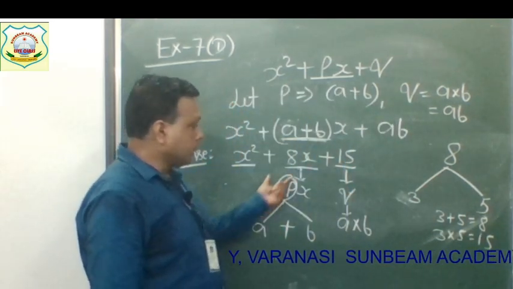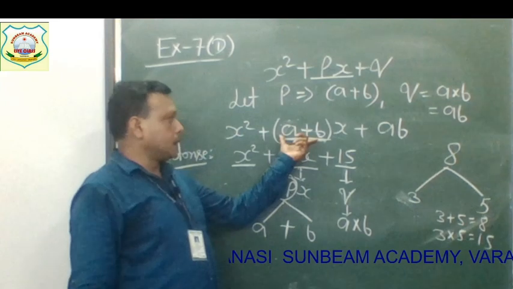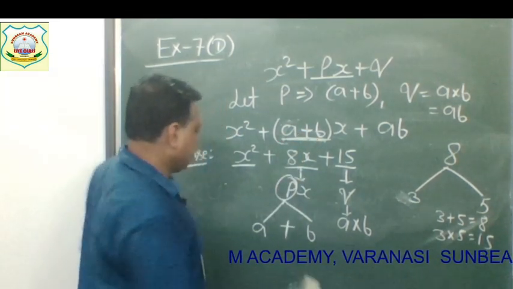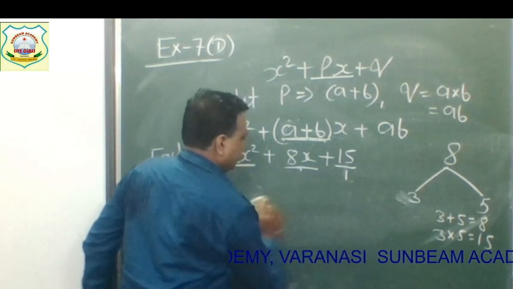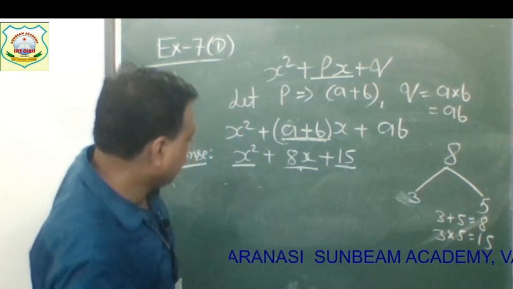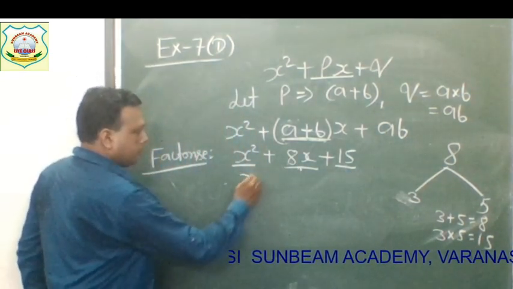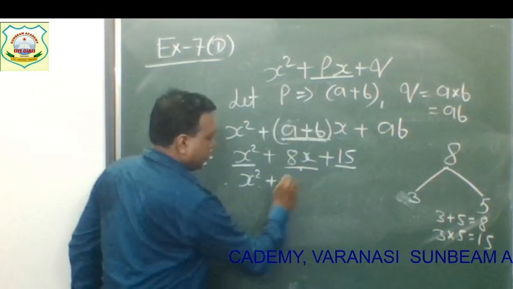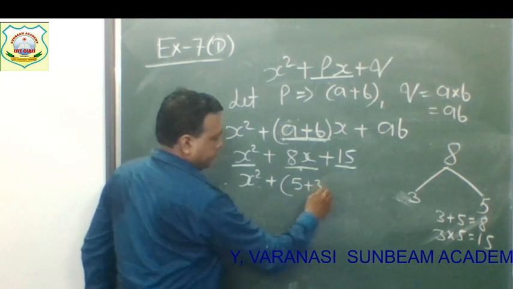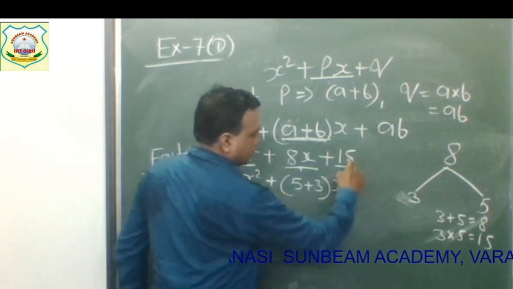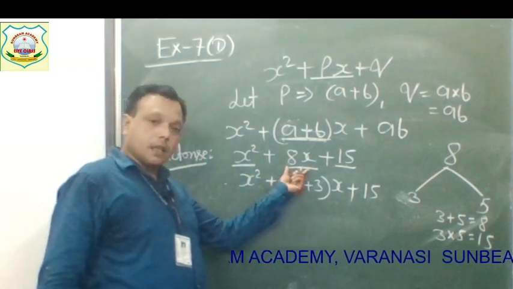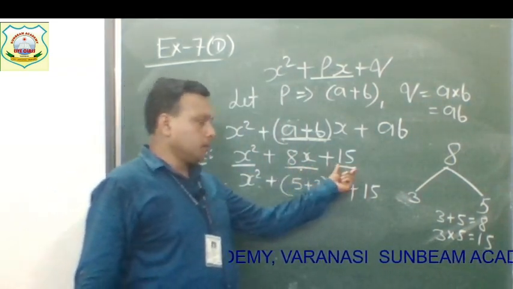So, where will we change the value? Only in place of this a plus b. How will we write? Students, we will write it this way: x square plus 8x as 5 plus 3, that is x plus 15. No need to write the 3 into 5 because only the middle term will split, other terms will be the same.